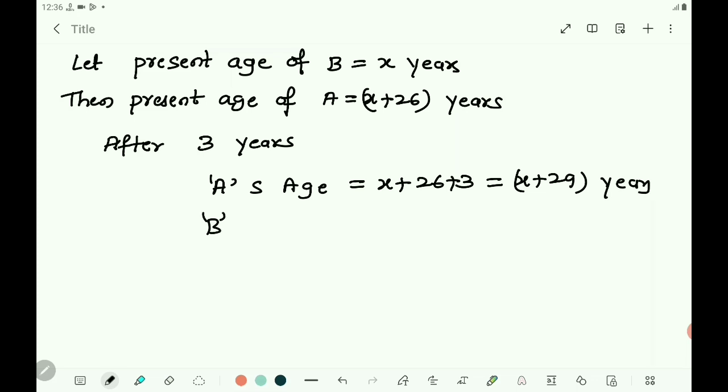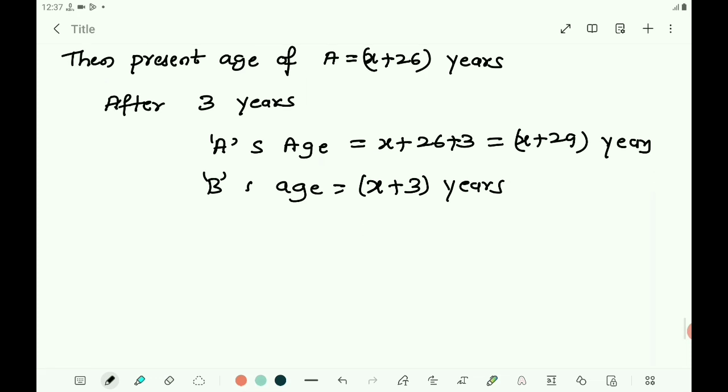B's age equals x plus 3. It increases 3 years. And it is given that the product of their ages becomes 360. Means (x plus 29) into (x plus 3) equals 360.